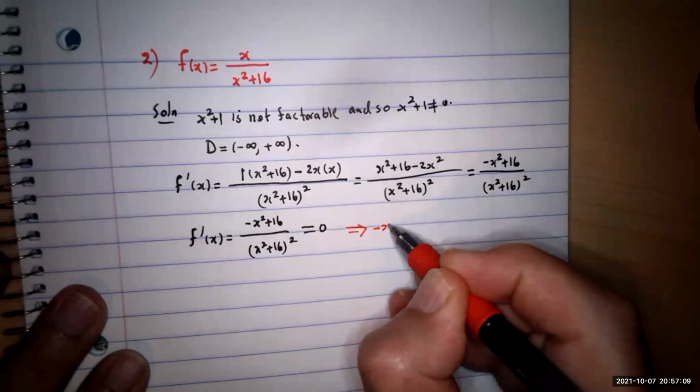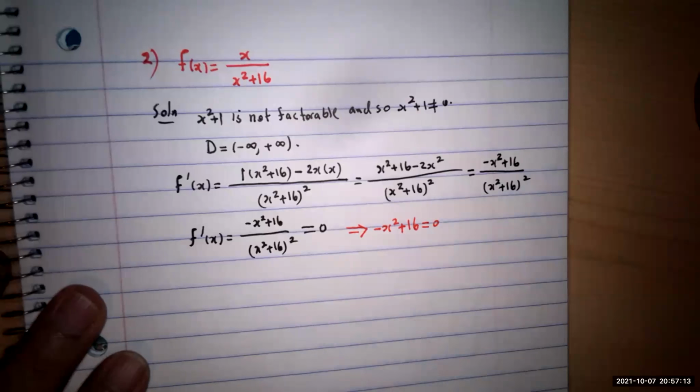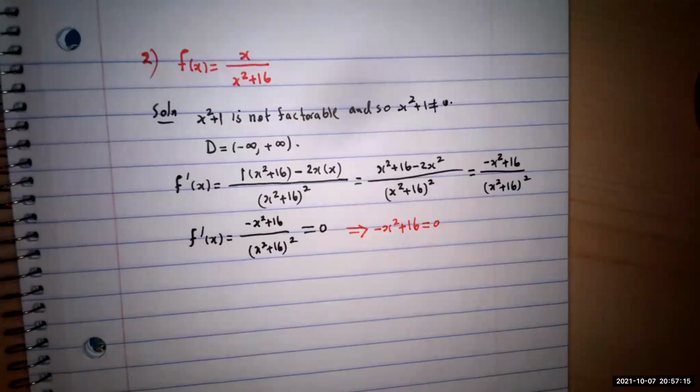We get negative x squared plus 16 equal to 0. Any question? So we have to solve this equation. You can move the 16 to the other side and then take the square root, or you can factor it. Both are possible.